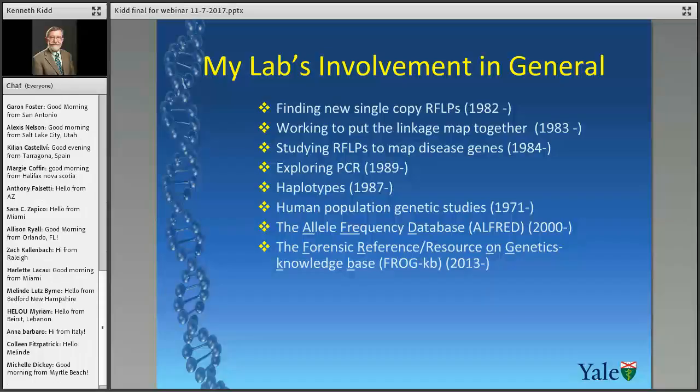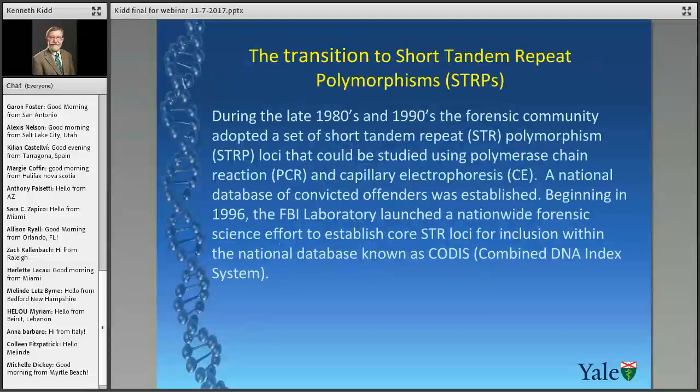I'll get to that more later. My interest in population genetic studies of humans goes back to my doctoral days, and more recently we've established 2 databases that are online, and I'll talk more about those a little later.